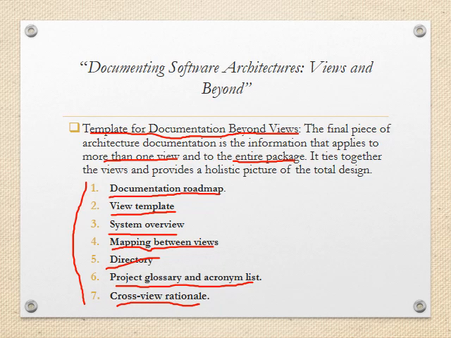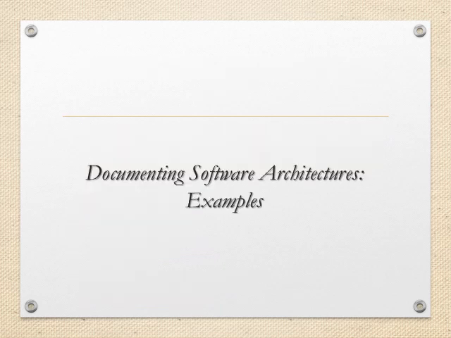Here we focus on the reason or decision behind choosing any of the views and presenting them in our document. At the end, there will be an example, or set of examples, to show how documenting software architecture for real software will be done and what the standard template for this is.